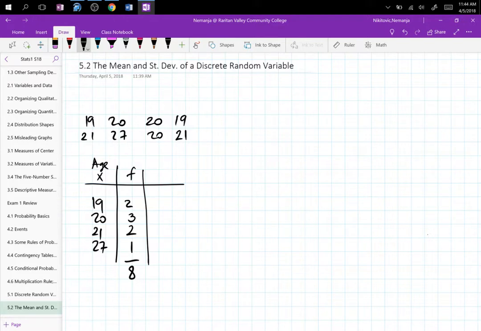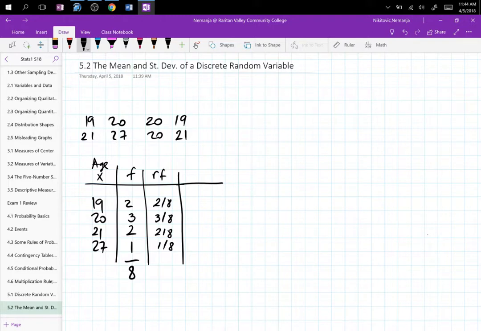So that's my frequency. And now we are going to have the relative frequency, which is 2 out of 8, 3 out of 8, 2 out of 8, and 1 out of 8. So that's a relative frequency.